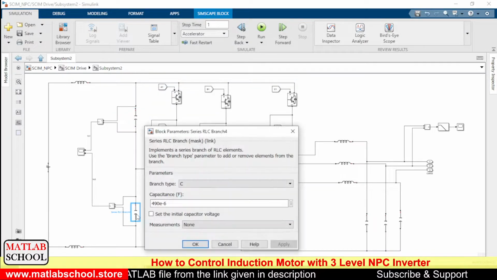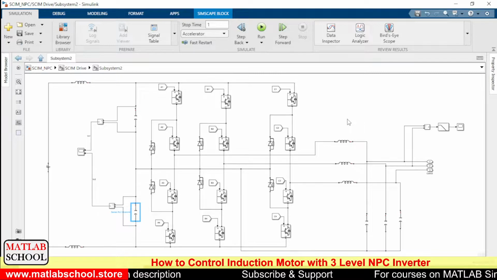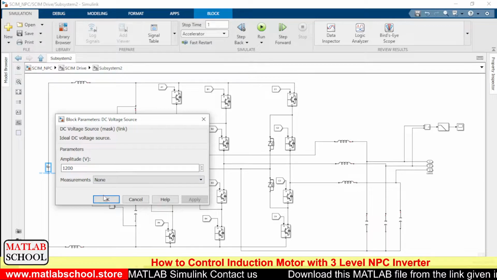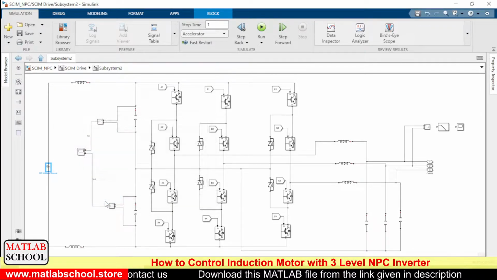Also, this capacitor has a value of 490 microfarad. Again, we have an LC filter here, and the output of the LC filter will be connected to the motor input. Also, the DC input given to this NPC inverter is 1200 volts DC.